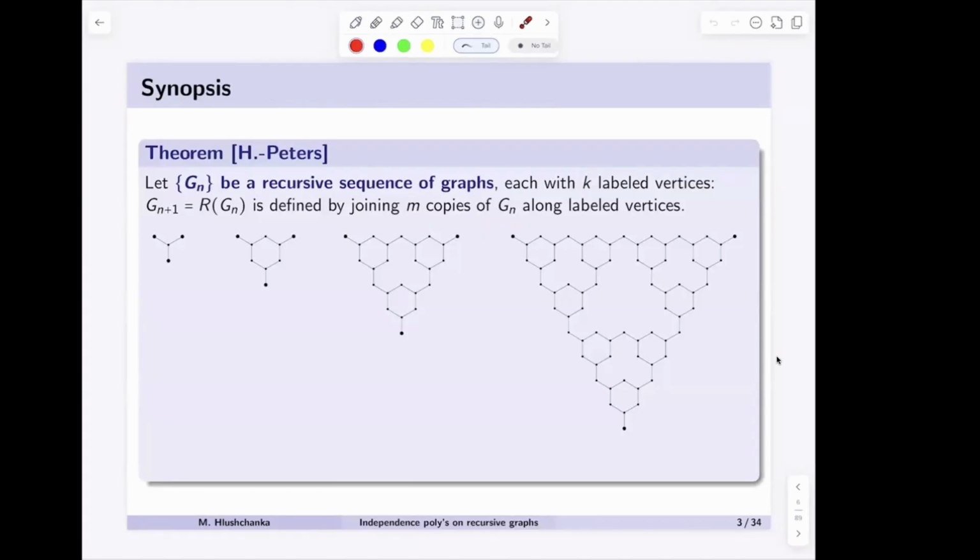To illustrate with an example: the next iteration is obtained by taking 3 copies of the graph of the previous iteration, gluing them together along the previously labeled vertices, and then introducing new labeled vertices. In this case, I take 3 copies of the previous graph and introduce 3 new labels. So this is just an outline of the recursive construction of the graph.